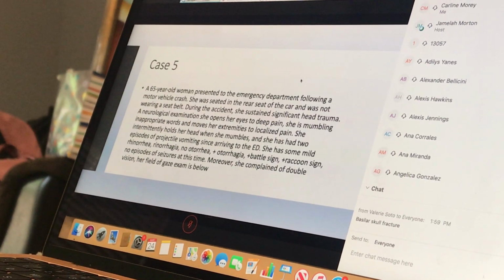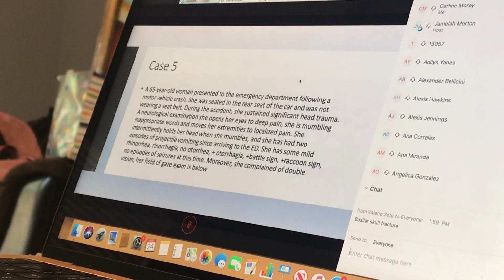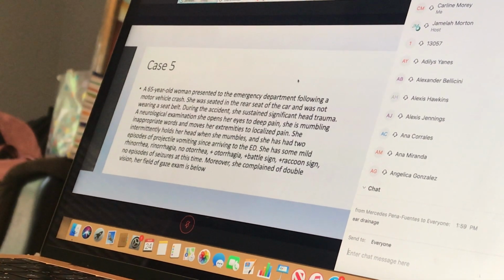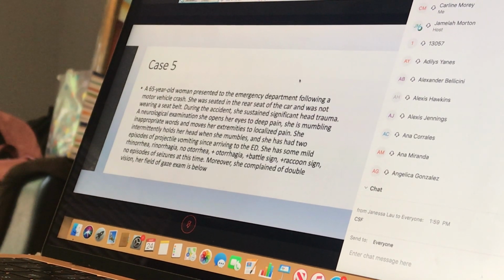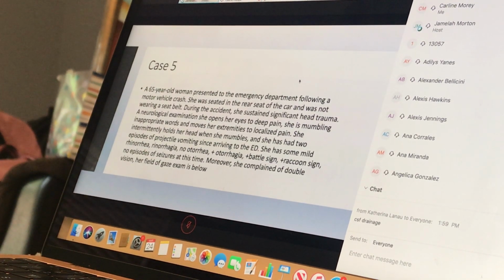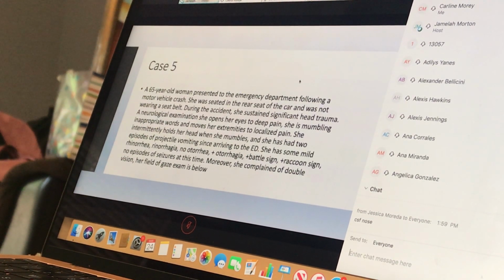She has some mild rhinorrhea. What is rhinorrhea? Anything with rhea at the end means CSF. So rhinorrhea, rhino, nose, means that she's draining CSF from her nose. Yeah, they're all saying CSF from nose. Yes.